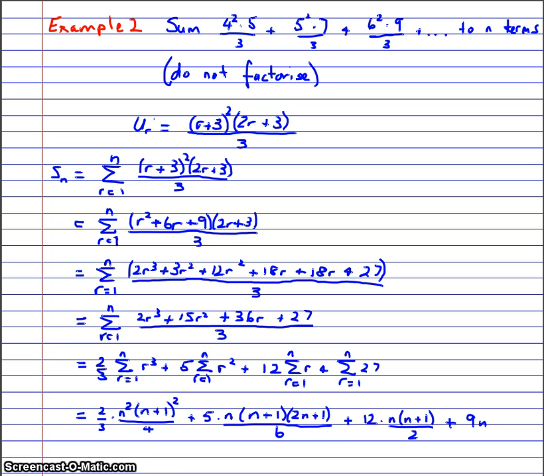Now I just realised what I meant to say, because 27 over 3 would be 9, so that should in fact be 9 there, so that last term becomes 9n.